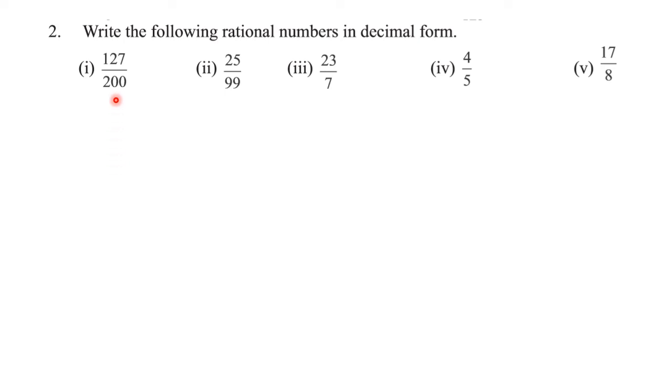Or somebody will say that since here 200 is given, I will write 200 as 2 into 100 and then simply I will put the point here, 1.27 divided by 2. You can do it, but you have to divide it actually.